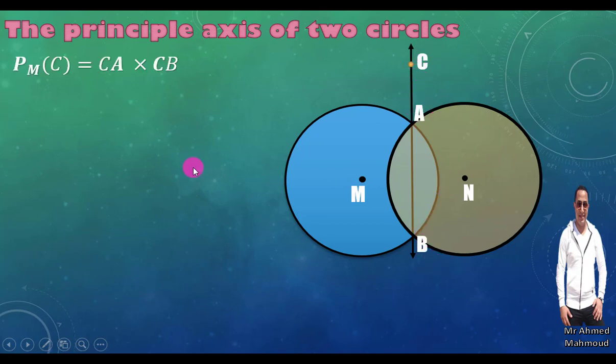And also the power of the point C with respect to N is equal also to CA times CB.